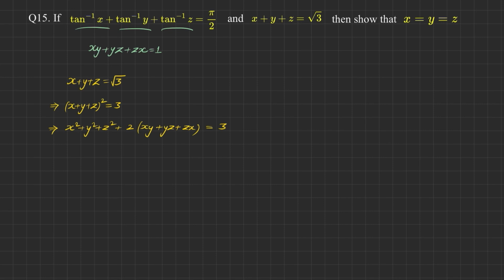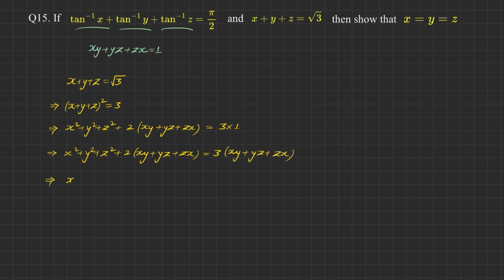Now here with 3, I can write 3 as 3 times 1. So in the next step, in place of this 1, I will be writing xy plus yz plus zx. So it will be x square plus y square plus z square plus 2(xy plus yz plus zx) equals 3 times (xy plus yz plus zx).